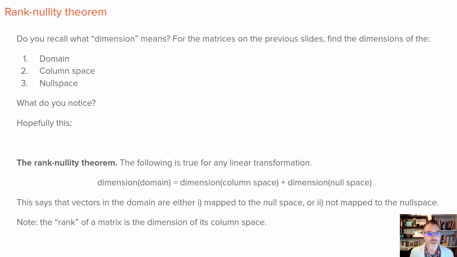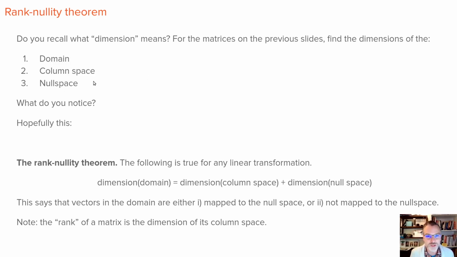That's what the rank-nullity theorem is telling us. You have no choice: the vector is either getting mapped to 0 or not, and those are the only two options for vectors in the domain of that matrix transformation. Do you remember what dimension means? Go back and review this term. It's really just the number of vectors in a basis for the vector space.